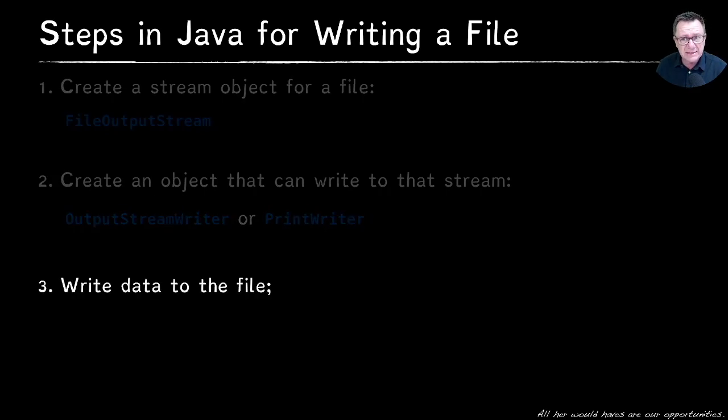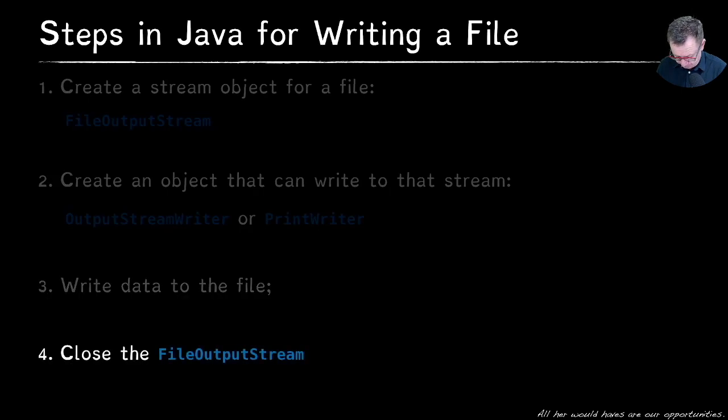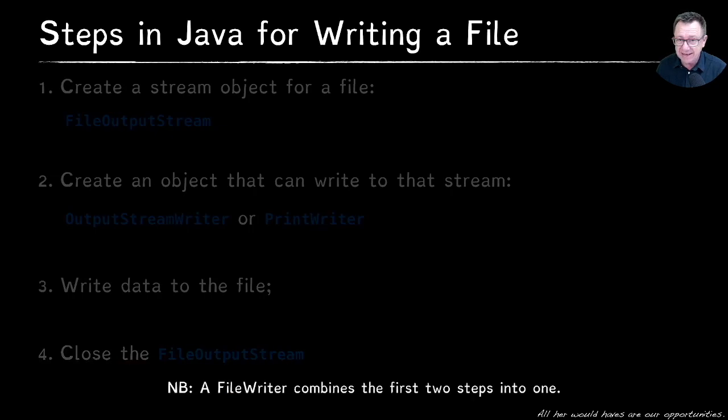And we write the data to the file. We close the file output stream and we are pretty much done. And guess what? A file writer combines the first two things that we talked about. But like I said, with reading files, also with writing files, we want to grasp that understanding of the streams.